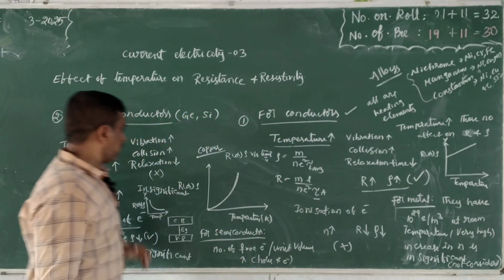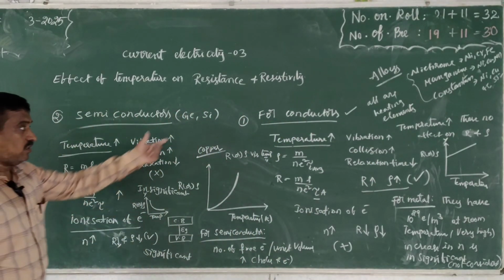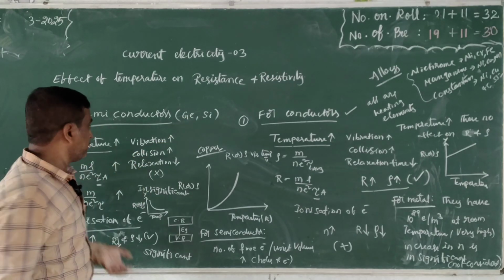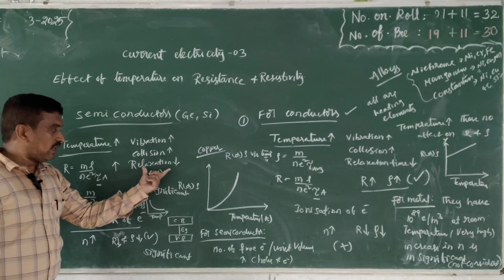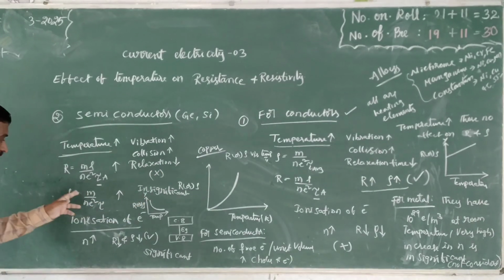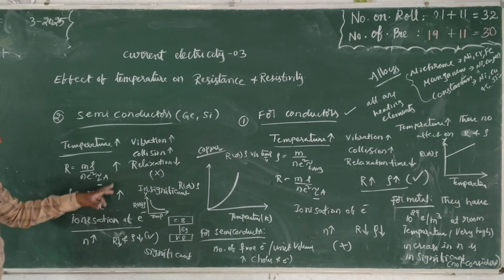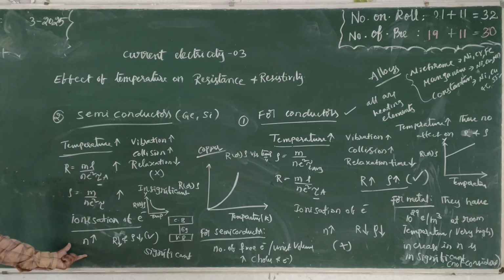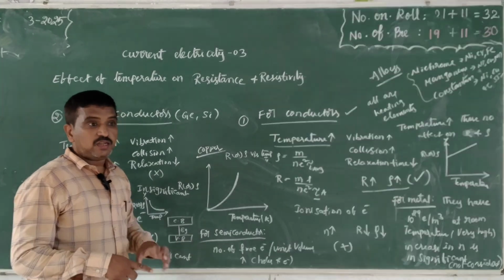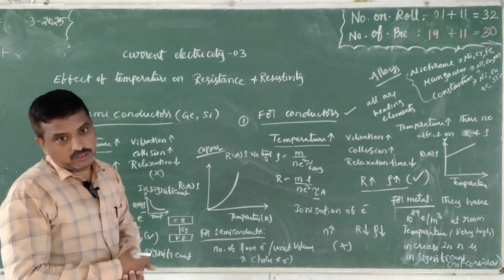Now semiconductors are silicon and germanium. When temperature increases, vibration increases, collision increases, relaxation time decreases, so resistance and resistivity would increase. But with ionization of electrons, the number density increases. Initially there are fewer electrons in germanium and silicon.